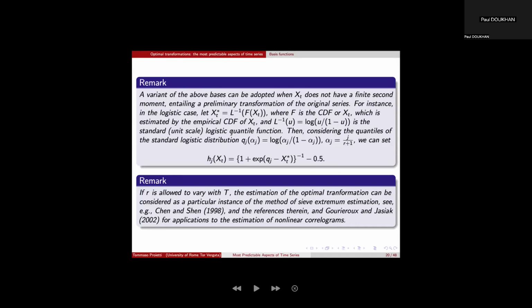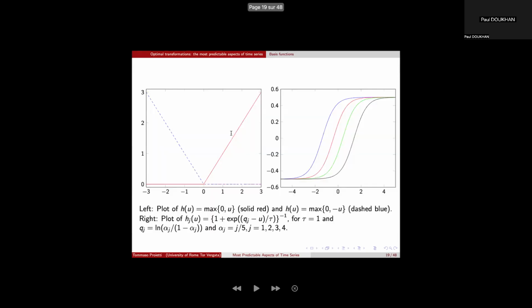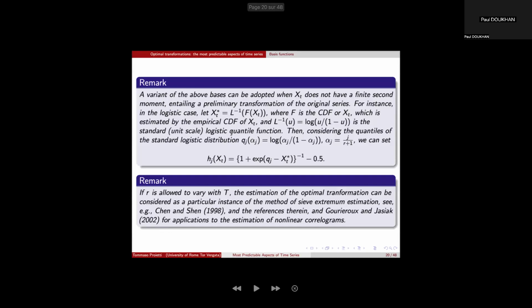Then the theory of inference would be much more difficult, at least for me. There is some contribution by Chen and Shen, for instance, that look at a method of sieve extremum estimation. But I will keep R fixed, and later I will say how we can select it.